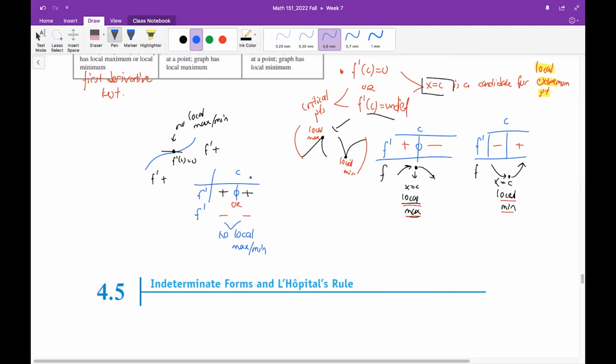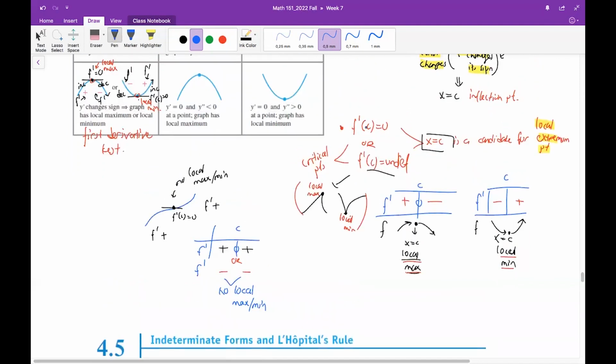You see? So this means that if the first derivative is 0, you cannot directly say that the point c is a local max or min, because it directly depends on whether your first derivative function changes its sign or not. If it changes sign from positive to negative, a local maximum occurs; negative to positive, a local minimum occurs.